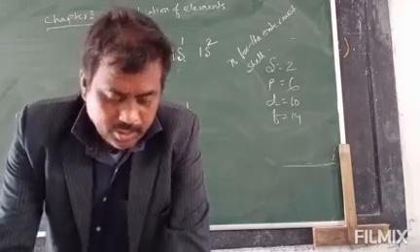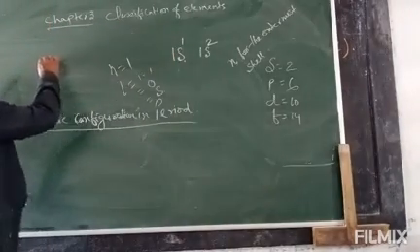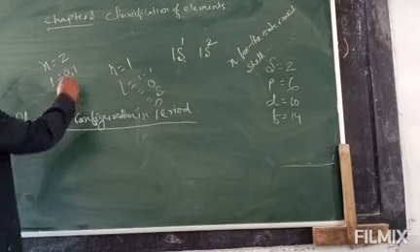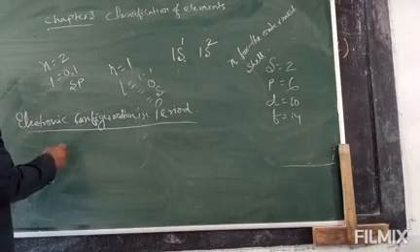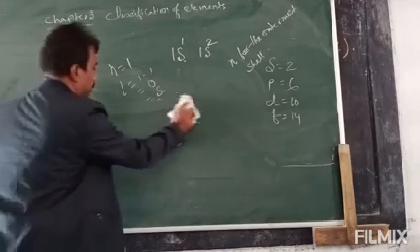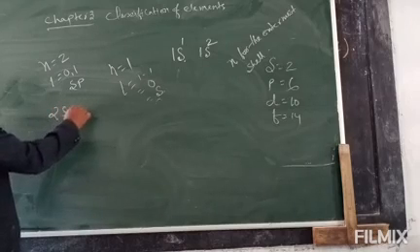And then when we come to n equals 2, l becomes 0 and 1, that is s and p. So we have 2s and 2p.